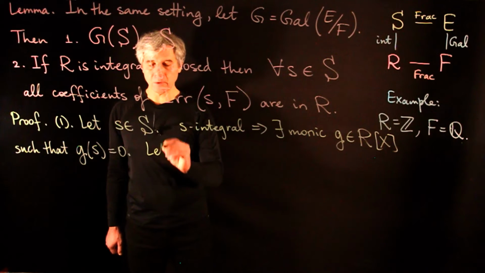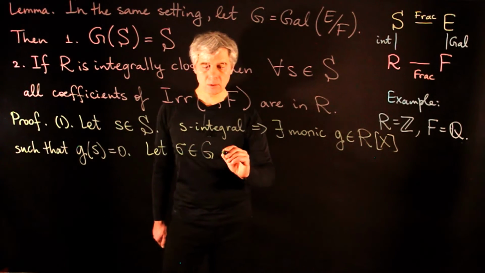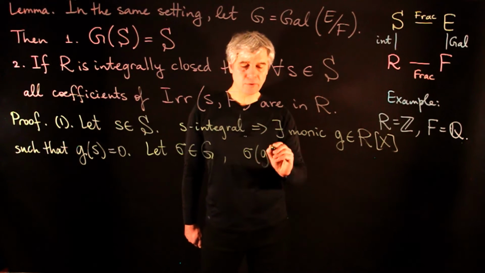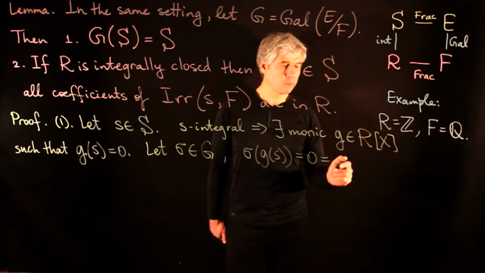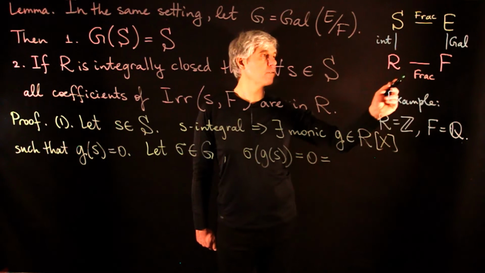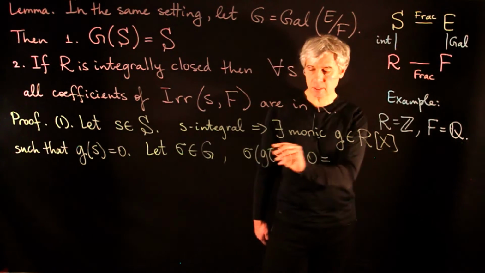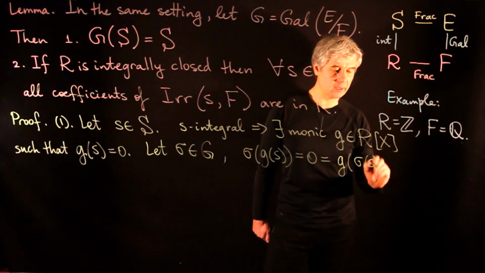Let us act on this with an element of a Galois group. So if we apply sigma to g(s), this is of course 0, but the coefficients of g are in R, and sigma fixes all elements of F. So from here we get that this expression is also equal to g(sigma(s)).